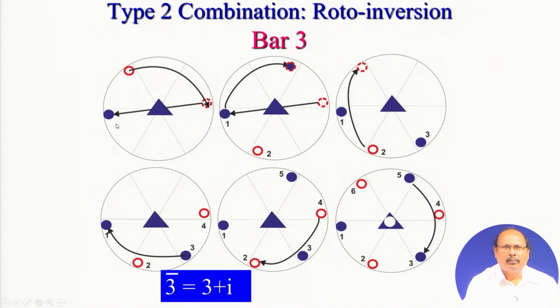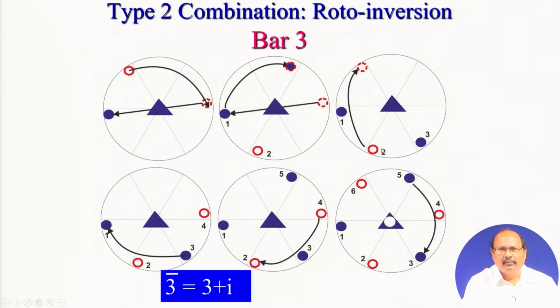So, one cycle of rotation plus inversion is complete, and I give this newly generated motif, which is a closed circle here, the name 1. Now, it is rotated another 120 degrees. This closed circle has come here, and after inversion it is reproduced here as an open circle, and I give this the name 2. The second motif is generated.